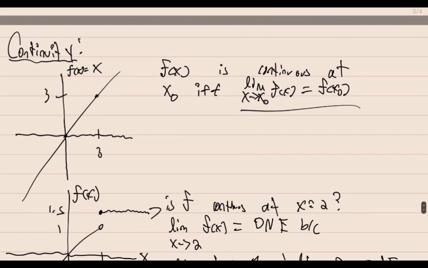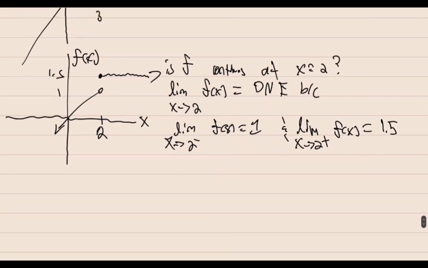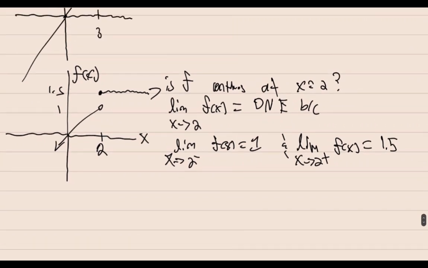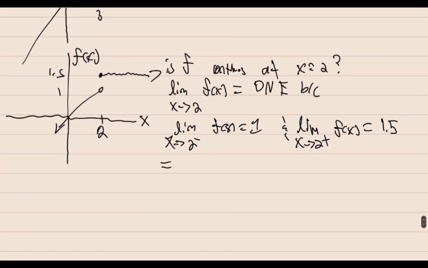But yeah, your limit needs to exist. It can't be DNE. So yeah, this tells us that f is not continuous at x equals 2.